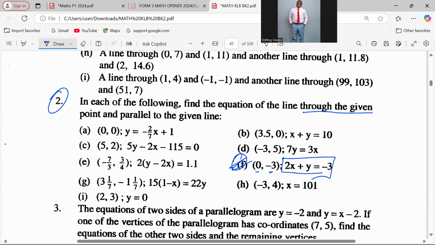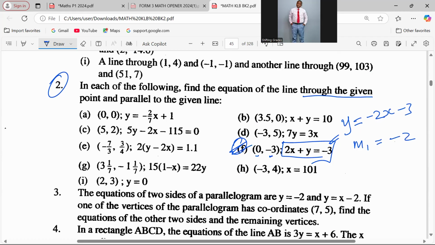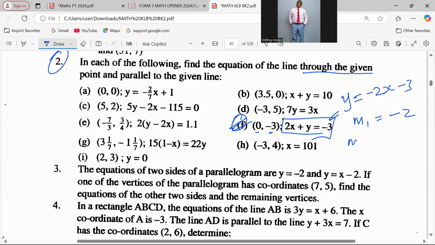We first arrange the provided equation such that we begin with y equals negative 2x minus 3. When it is arranged in this way, the gradient can be extracted there, negative 2, and because they are parallel, the gradient of the other line will also be the same.